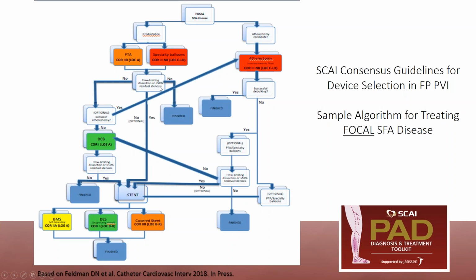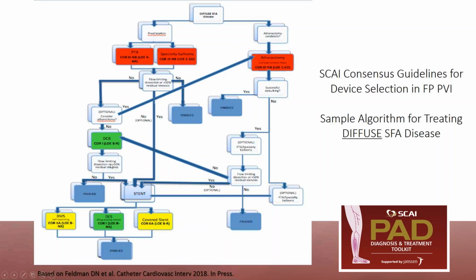If they had flow limiting dissection or greater than 50% residual stenosis, you would consider going on to DCB. If the balloon is non-dilatable, you could go through specialty balloons if a standard balloon doesn't work, again, for lesions that are non-dilatable. So one can walk through here for each individual step that you want to go through to get down to stenting. Again, DS and DCB getting class 1 recommendations.